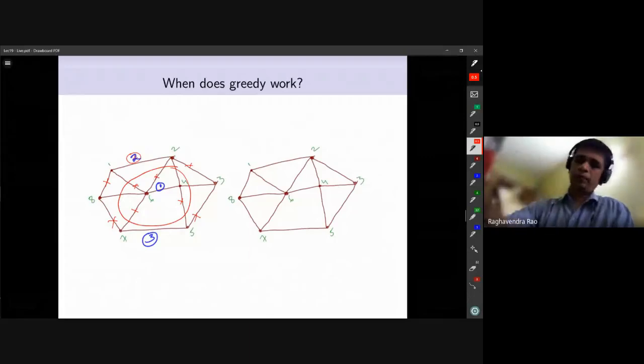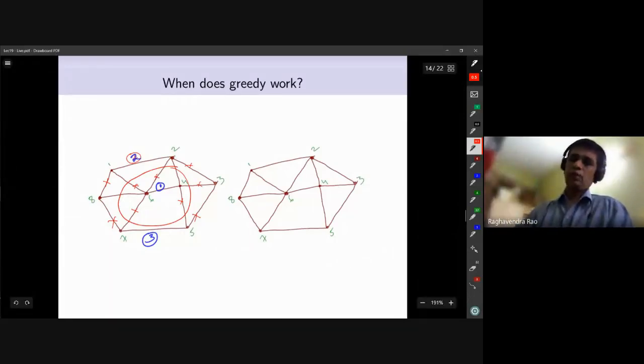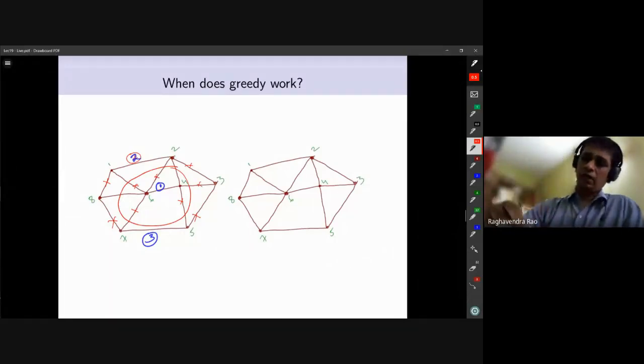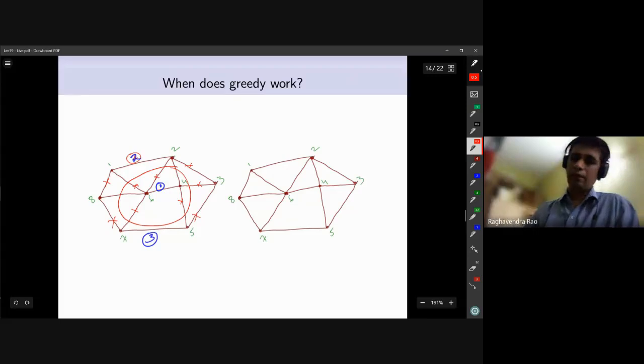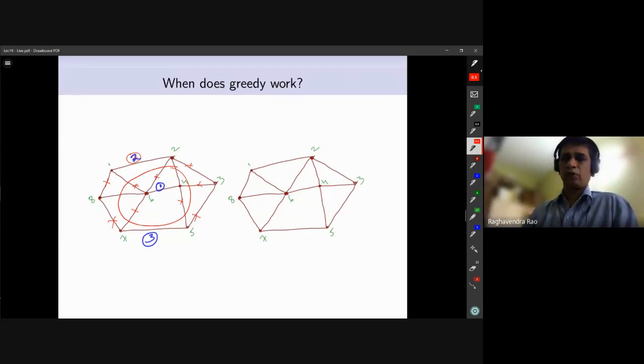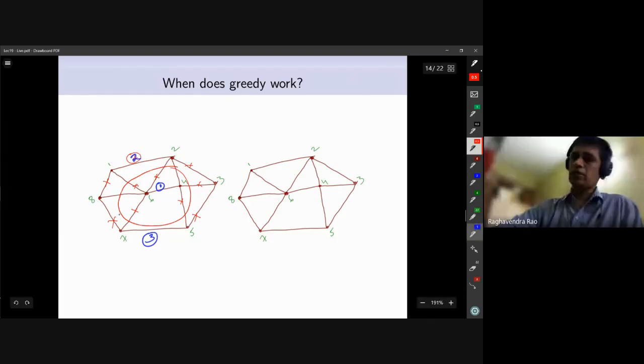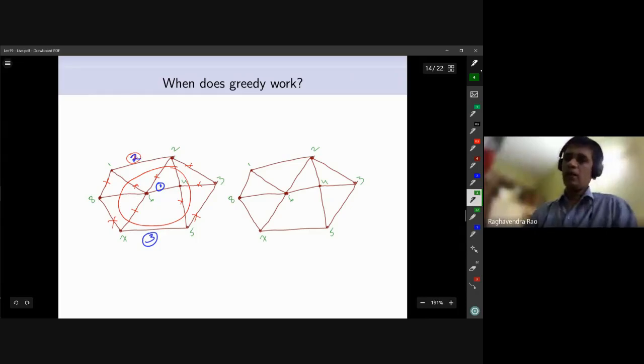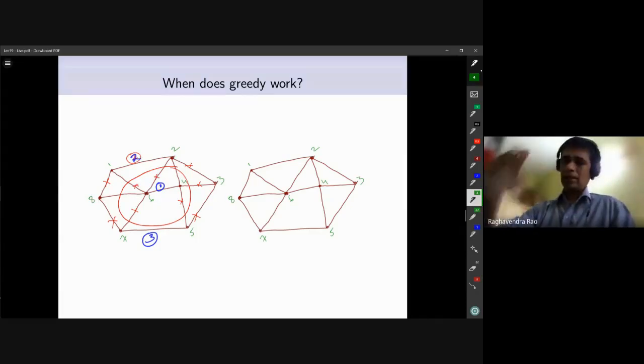In fact, this one also. So with this choice, I started with 6 4, then 1 2, and then 7 5. I ended up with the matching of size 3 instead of 4. And there are 2 vertices which are still unmatched. In our original solution, they were matched, right? So this is one way. There could be other ways also. I'll just leave it to you to try out on the other drawing of the same graph.